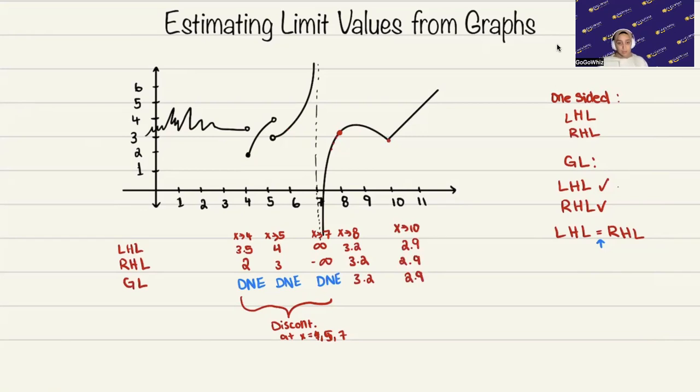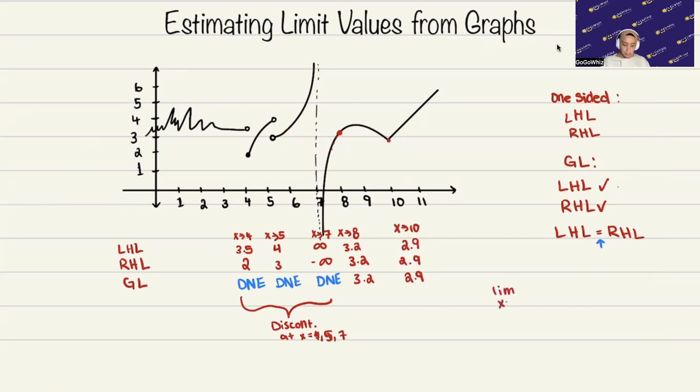Okay, so key reminder over here, you can have one-sided limits. You can also have the general limits. If I asked you, does the limit exist at x is equal to 10? Then yeah, you'd say yes, the limit exists at x is equal to 10, and it would look like this.